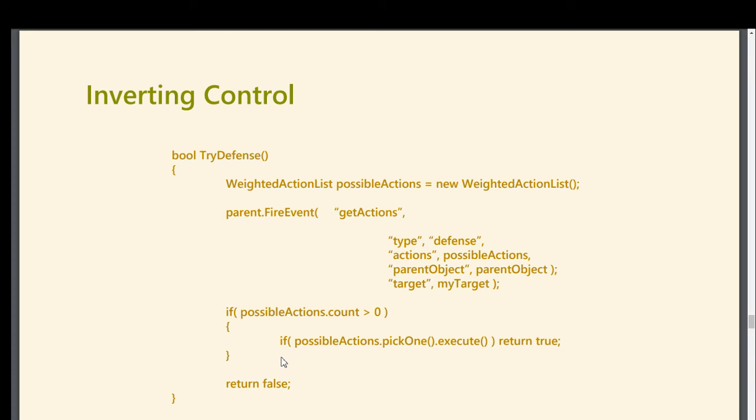And what's going to happen is we pass that bag around with this fire event to all the components in the object, as well as each item that they have on their body. And we say, give me balls of type defense. You're dealing with this target, and this is who I am, the parent object. And that gets passed around, and then we look in there and see if anybody put a ball in this bag. If we do, we mix them up, pull one out, and take that action. And then we're done with that turn.